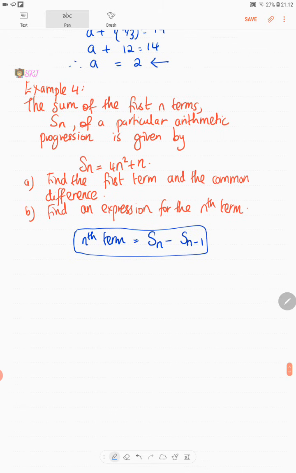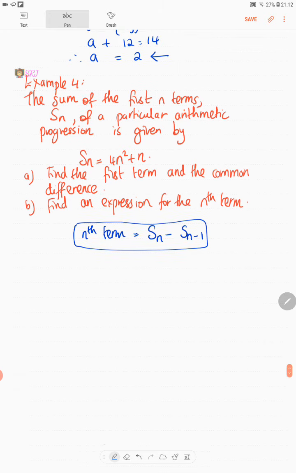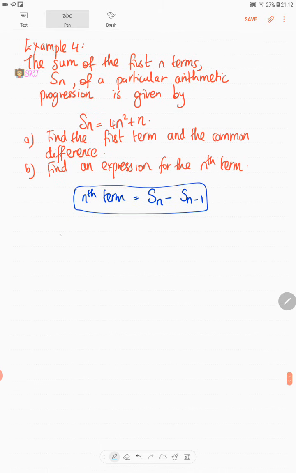So we are given that the sum of the first n terms, that is Sn, of a particular arithmetic progression is given by Sn is equal to 4n squared plus n. We have an expression for Sn in terms of n. So we have to find the first term and the common difference.